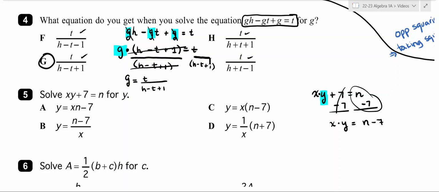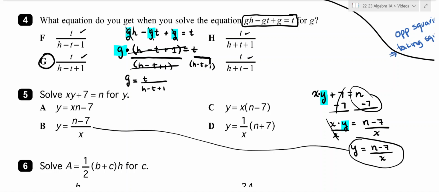And then the final step, since we want to isolate the y, is to divide both sides by x. And so you get that y equals n minus 7 quantity divided by x. So it would be that one.